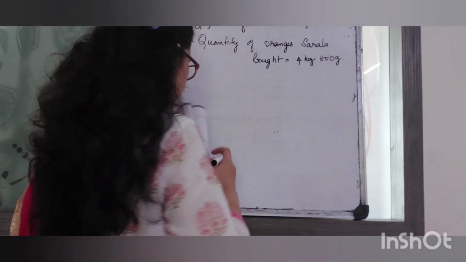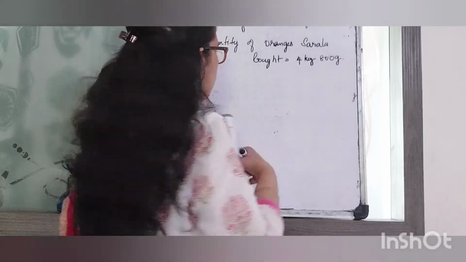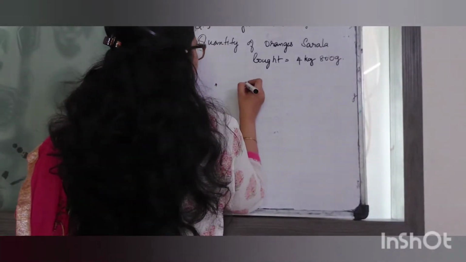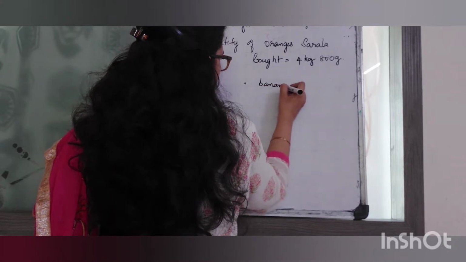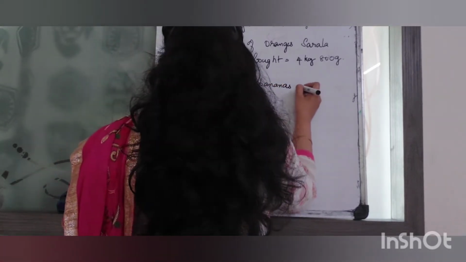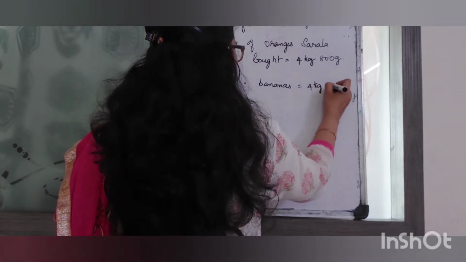Okay. Now what is the next data which is given? And 4 kilogram 150 grams of bananas. So the quantity of bananas Sarala bought is equal to 4 kilogram 150 grams.